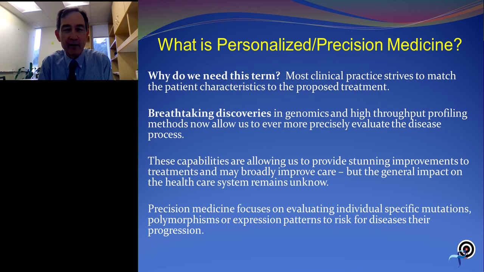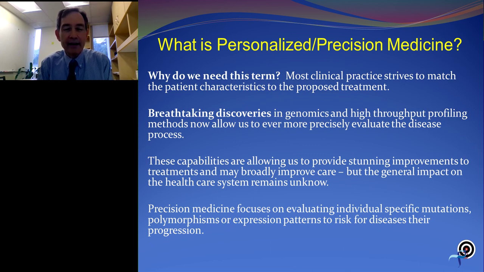Clinicians are always trying to match their patient characteristics to the most relevant treatment. We're undergoing a revolution in genomics and other high throughput profiling methods. That's because the technologies have evolved very rapidly and the costs for completely querying a person's genome and attributes of the disease have fallen precipitously, making it possible for us to characterize what's happening in a disease process very well.